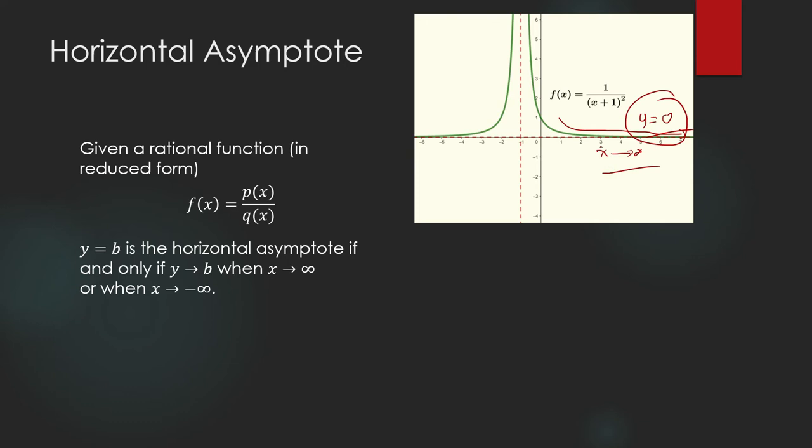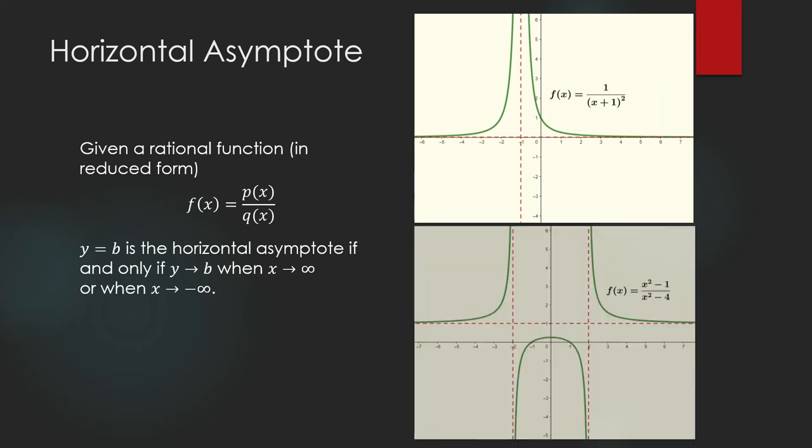This one is a horizontal asymptote. This one, the horizontal asymptote of this function is the line y is equal to 1. When x approaches infinity, the value of your function approaches y is equal to 1. So this is the horizontal asymptote.